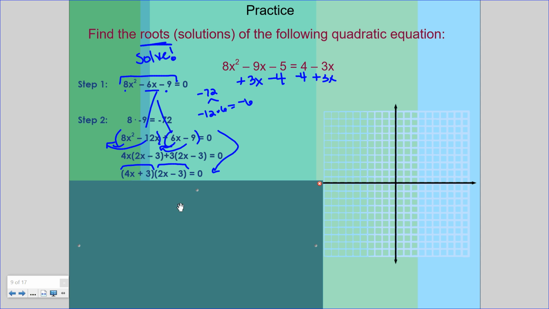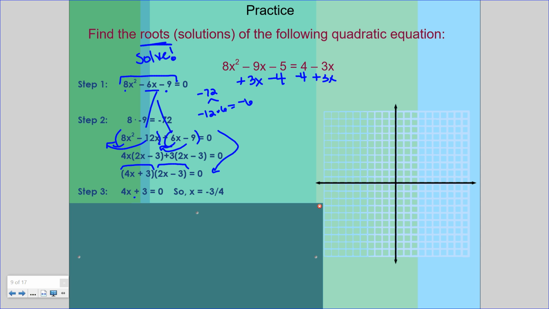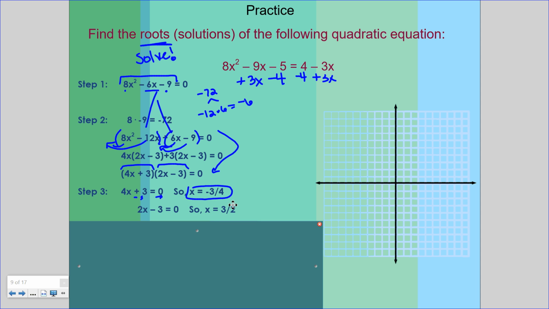factor equal to 0. So we'll start with 4x plus 3 equals 0 and solve for that x by subtracting 3 from both sides and then dividing both sides by 4, meaning that x is equal to negative 3/4 for that root. And for the other root, x would be equal to 3/2. So what this tells us is these are the points, the two places where your parabola will hit that x-axis.